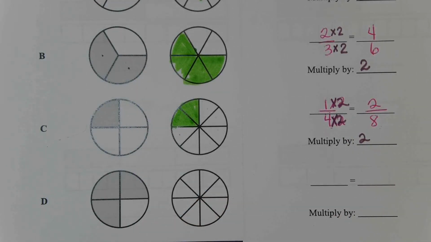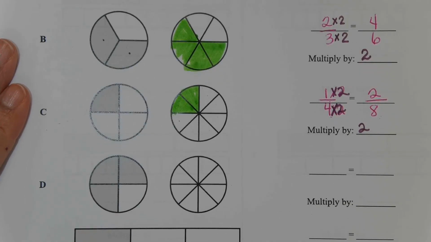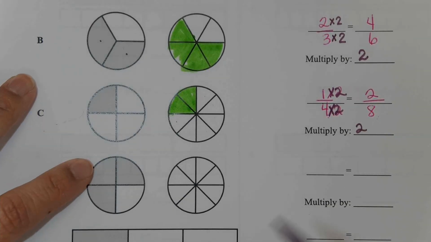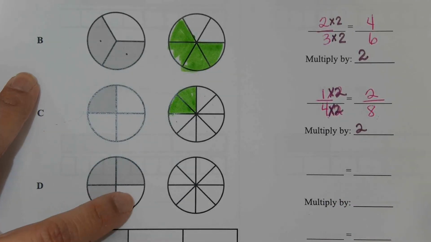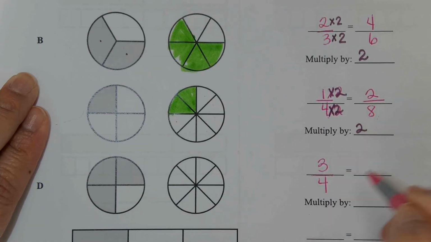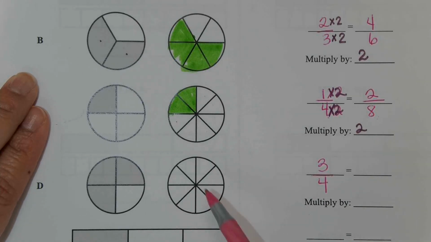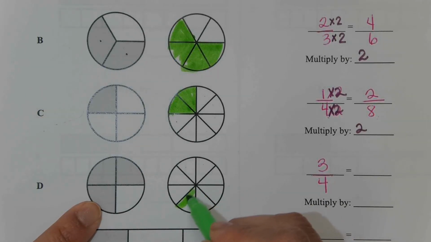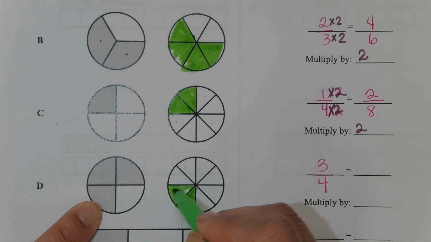Letter D. What fraction is shaded on my left circle? 1, 2, 3 out of 4. So we have 3/4. And on my right circle, I have 1, 2, 3, 4, 5, 6, 7, 8. 8 equal parts. How many parts have to be shaded to equal 3/4? Well, I know that I need to shade in 2.